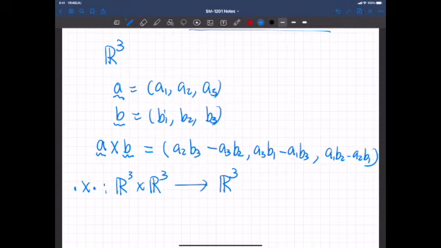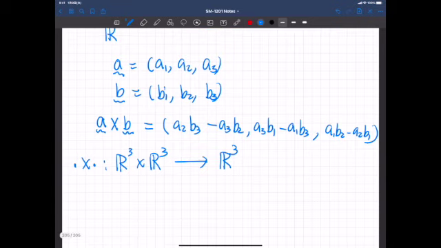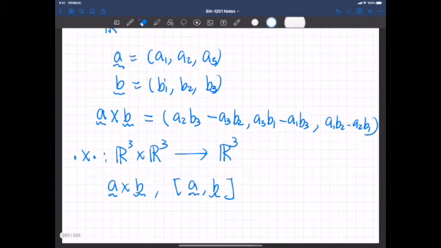Sometimes, instead of A cross B, we write square bracket A, B. This is in contrast with the scalar product.